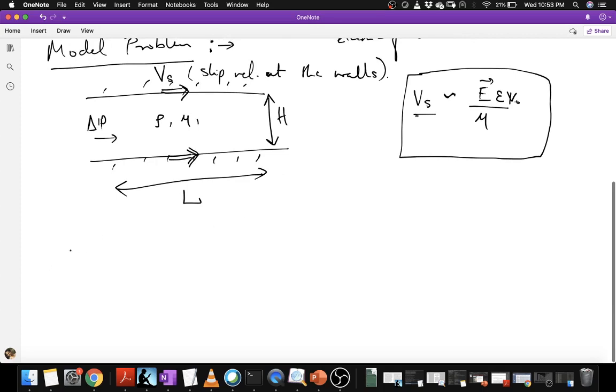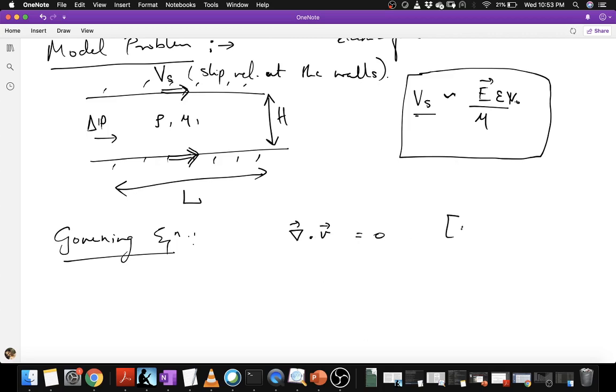Okay, so let's now write down the governing equations for this problem. So I'll just rewrite what we have just derived over the past few classes. So I have the divergence of velocity equals 0 because I'm going to assume incompressibility. This is perfectly fine for a fluid under these circumstances. And then of course I have the Navier-Stokes equations.